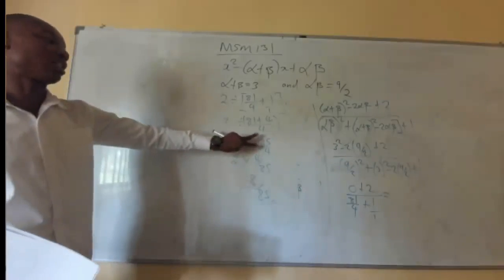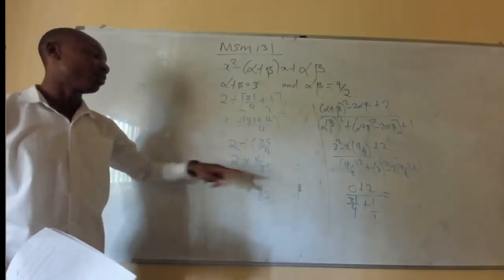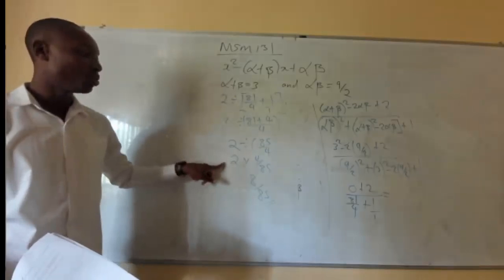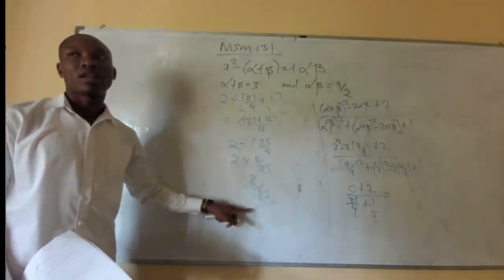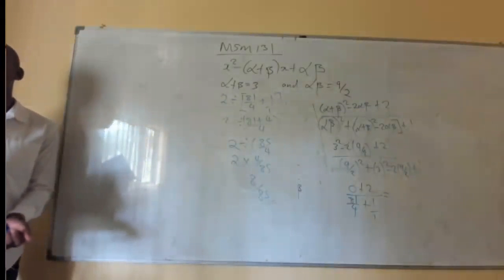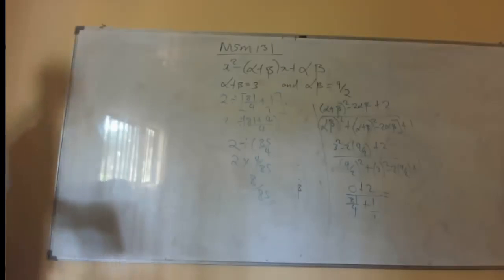So this one has flipped, the 4 is now in the numerator and the 85 is now in the denominator. Then now I'm multiplying 2 times 4 over 85, which is just 8 over 85. So the final answer is 8 over 85.